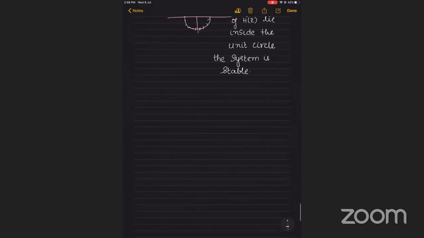Now, we will not worry about any of this, but what we are worried about is this: y of n is equal to sigma x of k h of n minus k, k equal to minus infinity to infinity. This convolution sum is very difficult to get because it is an infinite term summation.